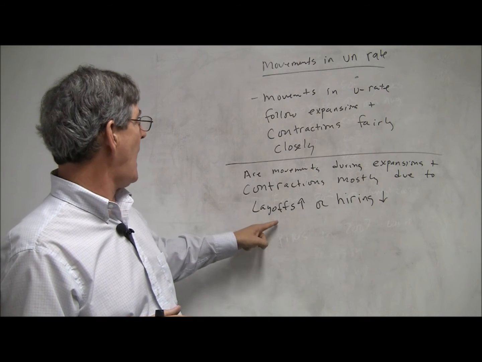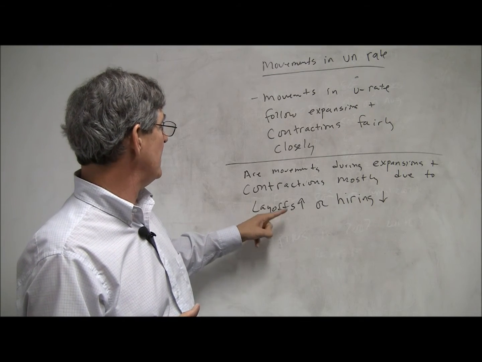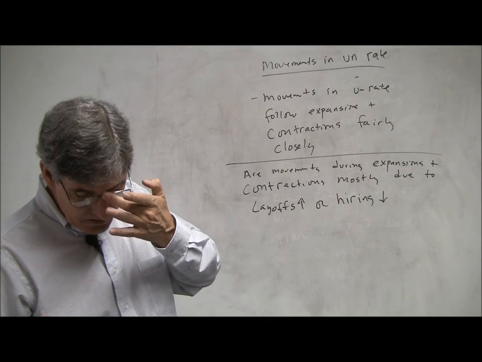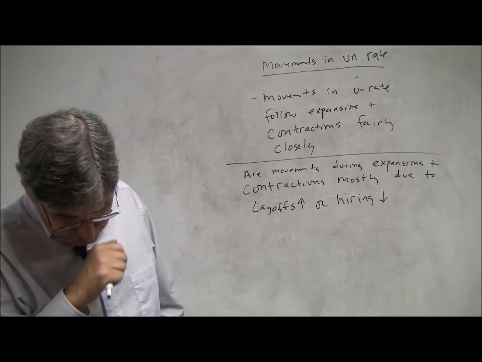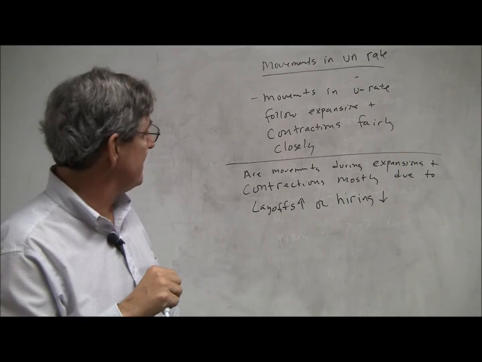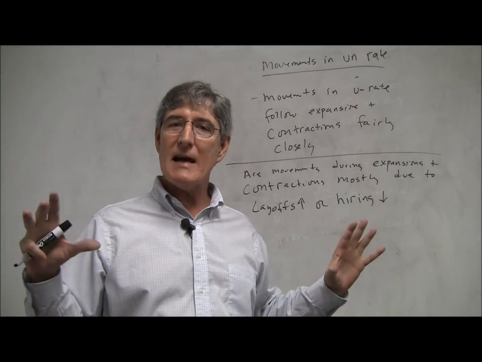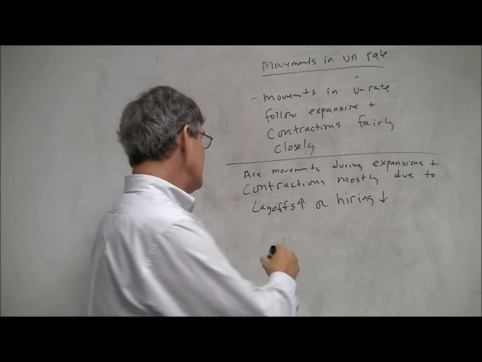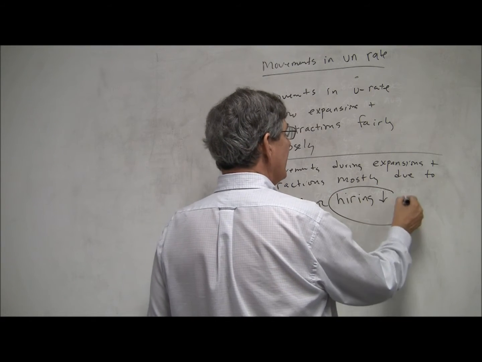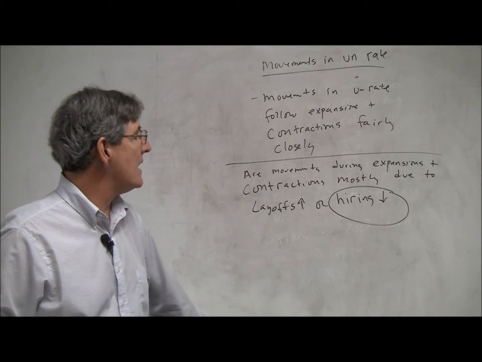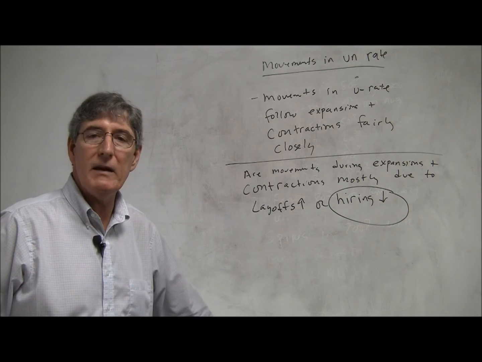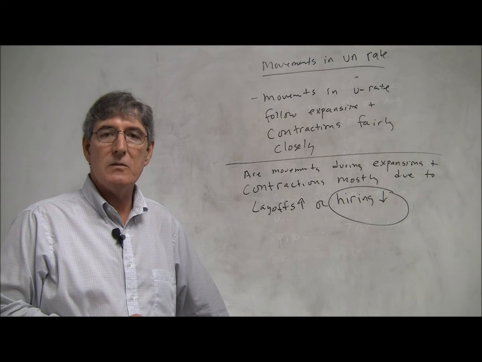Now, I would have thought long ago that it was mainly due to hiring or layoffs, that what happens is you hit a bad time and they start firing people. But that's actually not what happens. What happens is the fall in hiring is the main thing that causes the variation in the unemployment as we go from booms to recession.